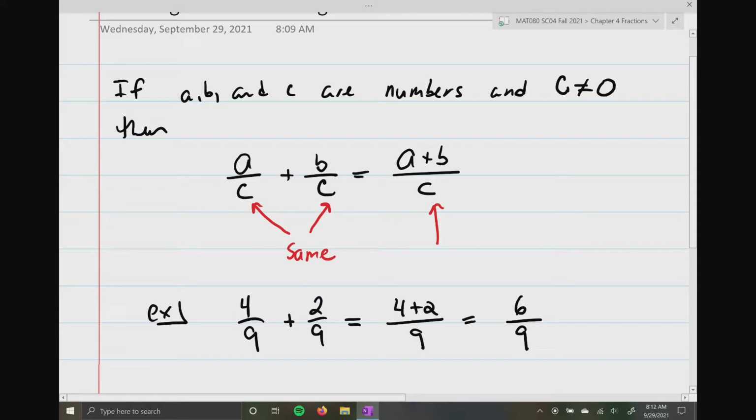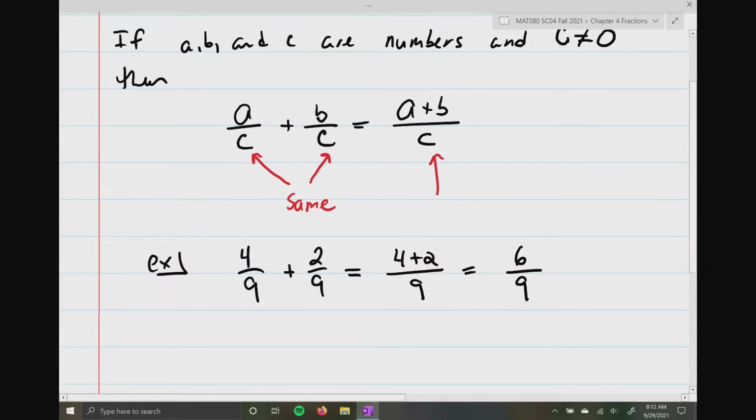Now, you're going to come up with an answer, and this is the question you always need to ask: am I simplified? Is that answer completely simplified?